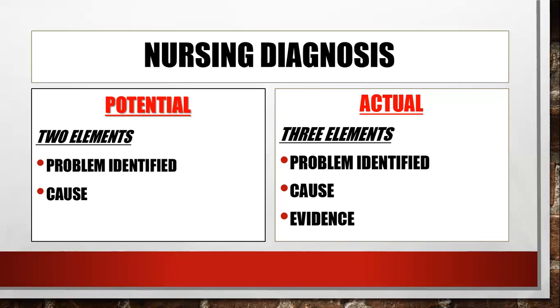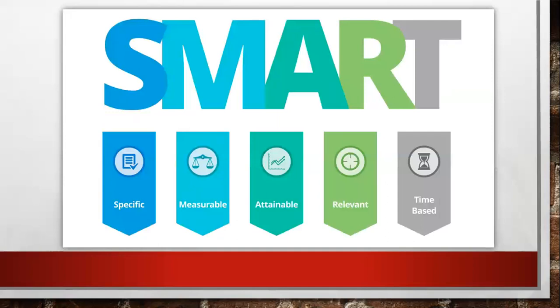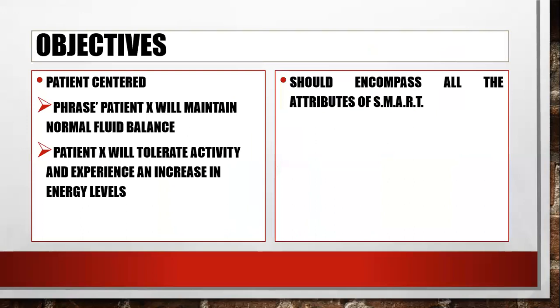The other component of the nursing care plan is the objective component. Now, under the objective component, we should ensure that this objective that we are writing is patient-centered, okay? And of course, it should be SMART. I've given a brief example there.